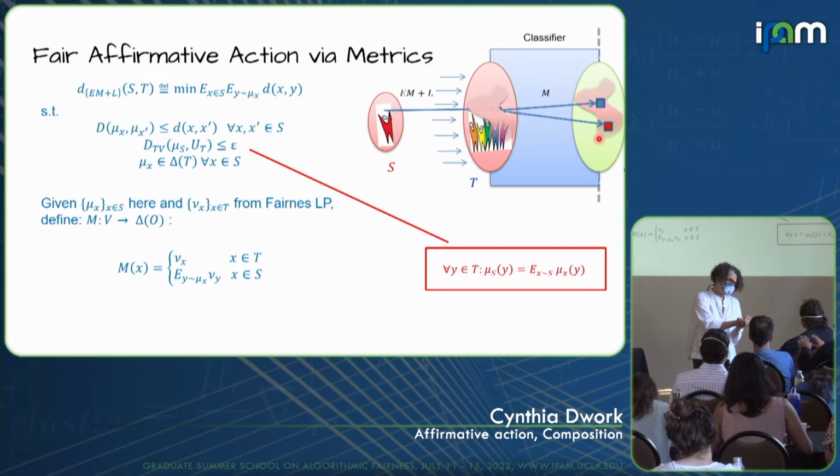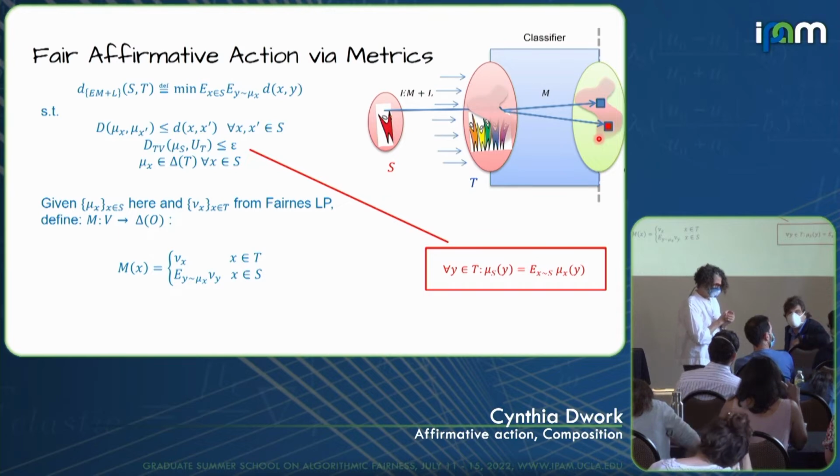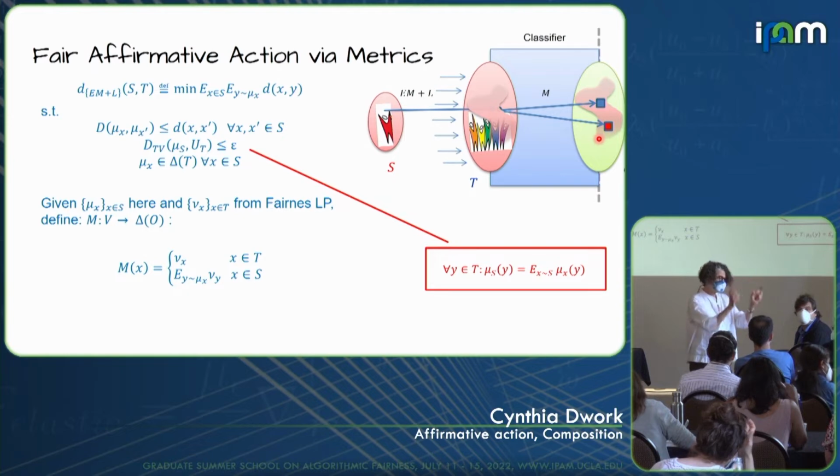Right. The question I'm asking is, you said when he asked the question that people in S could be mapped differently, but if they are similar, they'll be mapped to similar distributions. And I'm saying, when is the premise ever true? If we have a true metric, aren't similar people in S also always similar in T? I don't know what it means to say that. They are not in T, they're in S. These are two separate subgroups of the population.